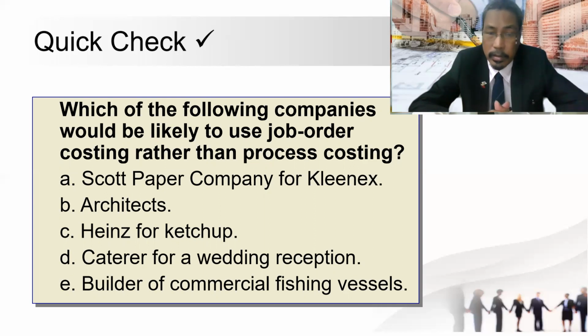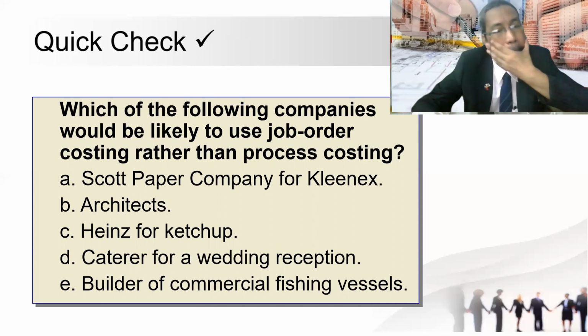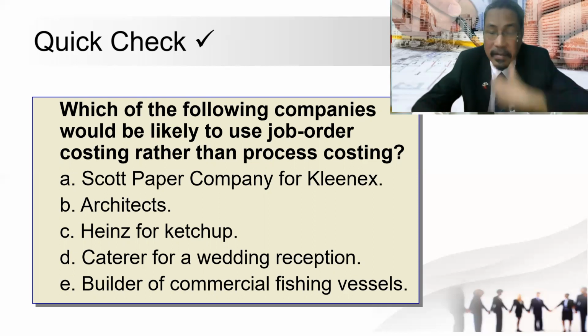Okay, so that is what? Job order. It would be likely job order. And Scotch paper, that is one product. How about architects? Job order. Heinz, a very big company, is a single product.